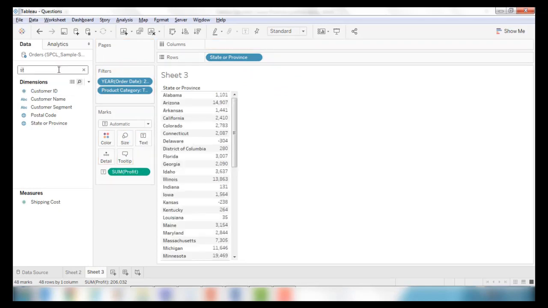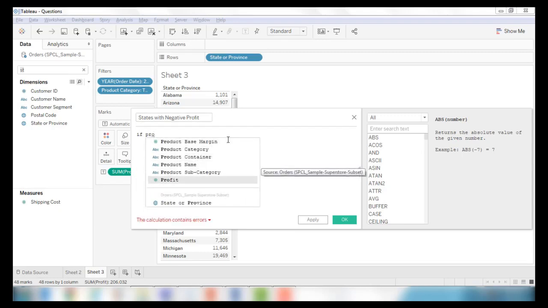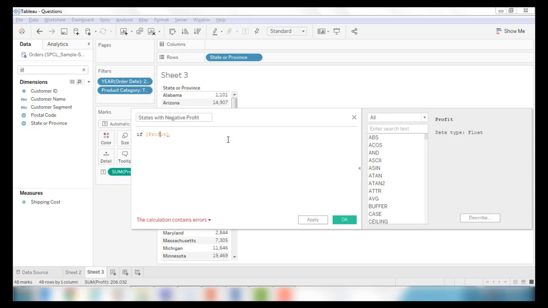and we put a calculation here, create new calculation, states with negative profit: if sum of profit less than 0, then 1, else 0, and let's make it a dimension.